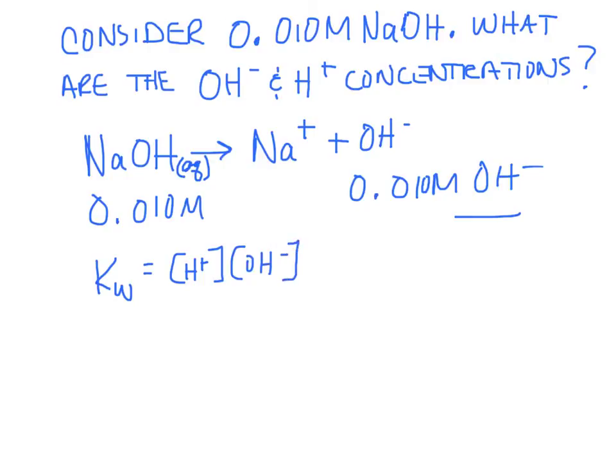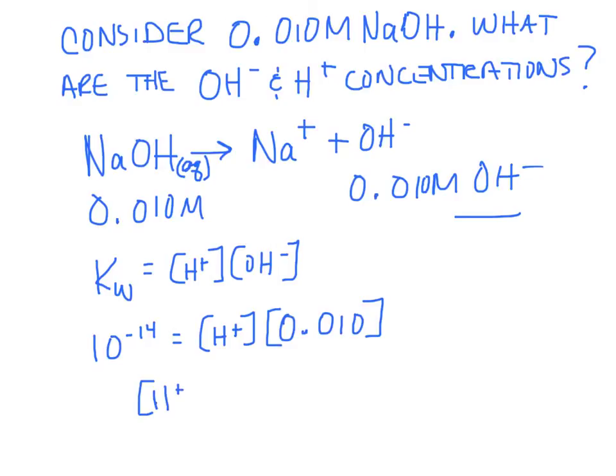Hopefully by now you know it's going to be really small. So 10 to the negative 14th is our Kw. We don't know our hydrogen ion concentration. We do know that our hydroxide ion concentration is 0.010 molar. Divide by 0.01, and our hydrogen ion concentration is going to be 10 to the negative 12th.